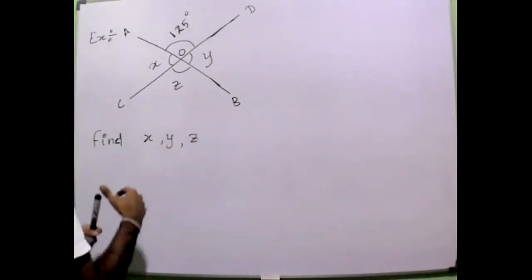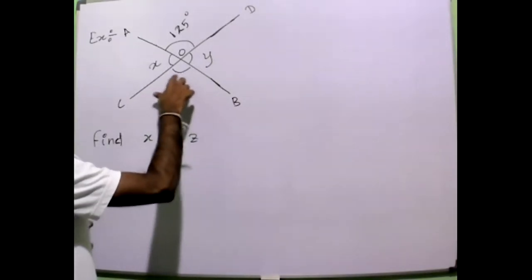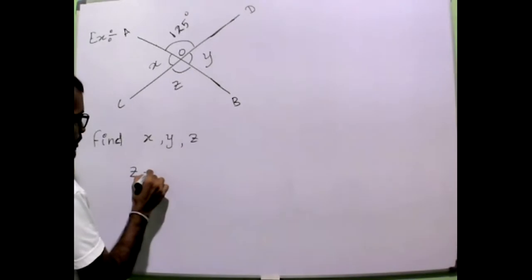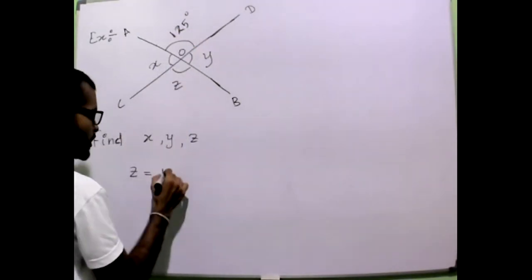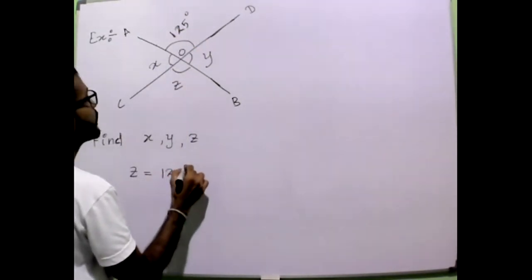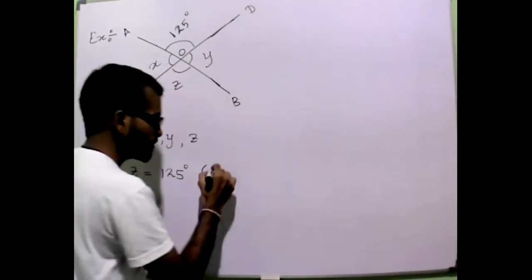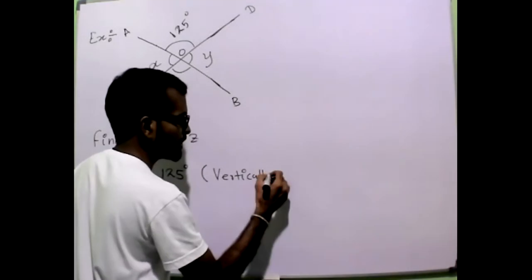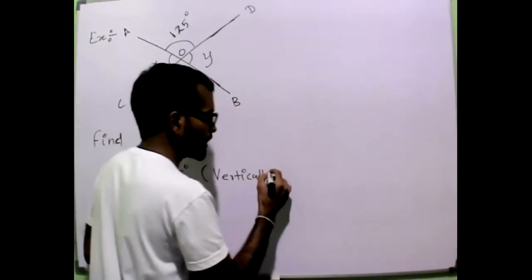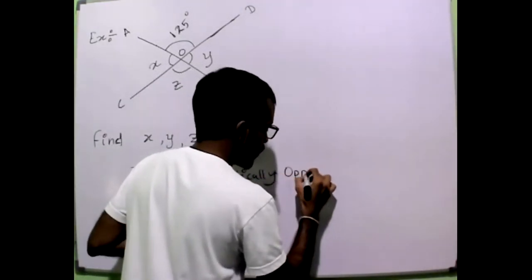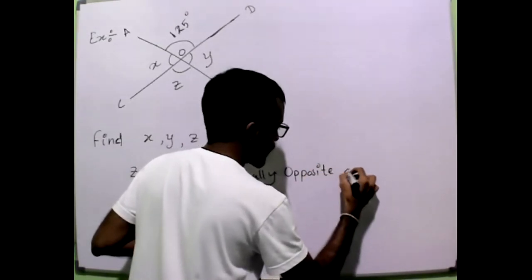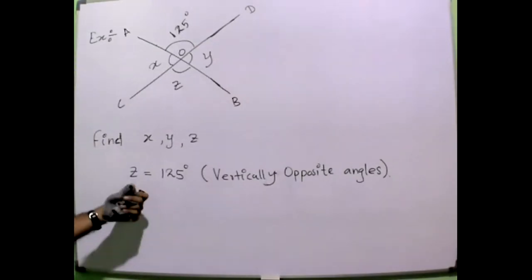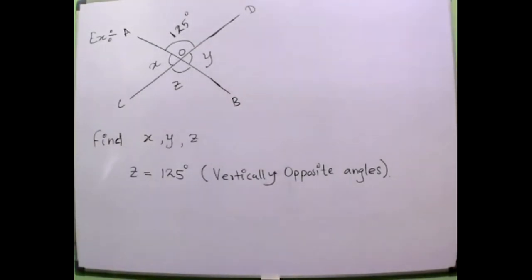Okay, so I can write down the magnitude of angle Z. Angle Z equals 125 degrees. Right? Why is that? This is the reason that you need to write: vertically opposite angles. Z equals 125.